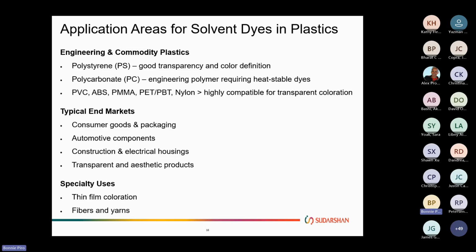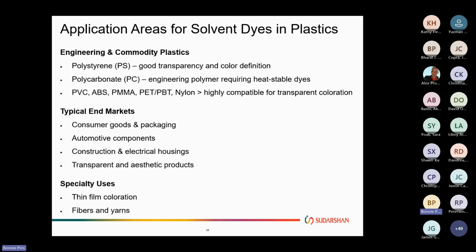End markets: consumer goods and packaging are key, as well as automotive, construction and electrical housings, and anything that really does need to be transparent and bring those very colorful, intense aesthetic properties to your end product.